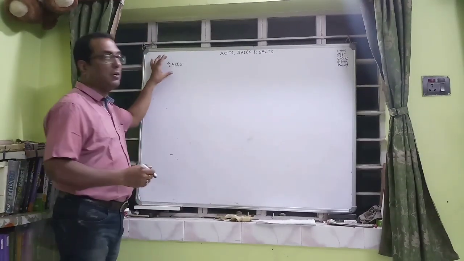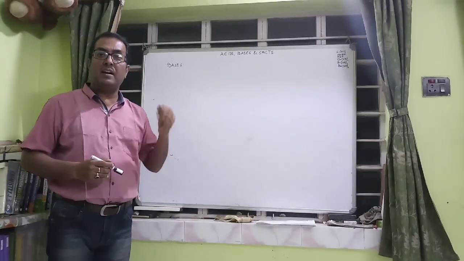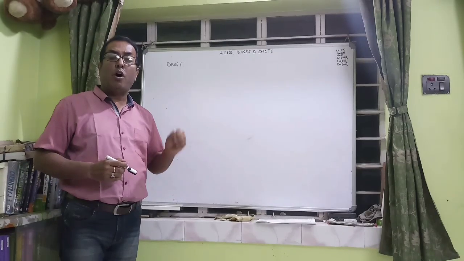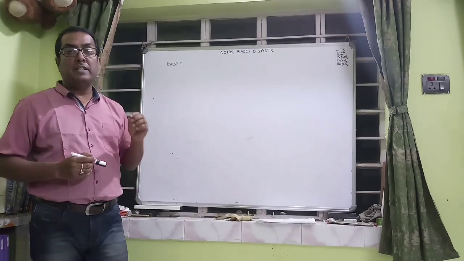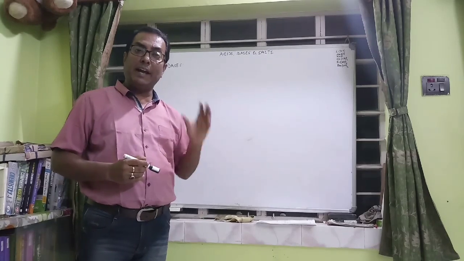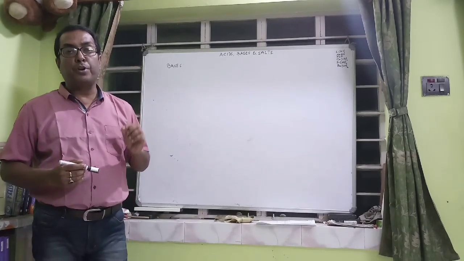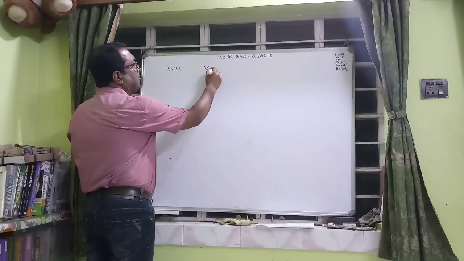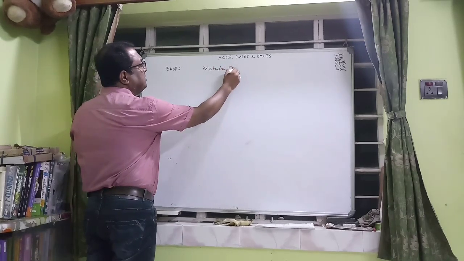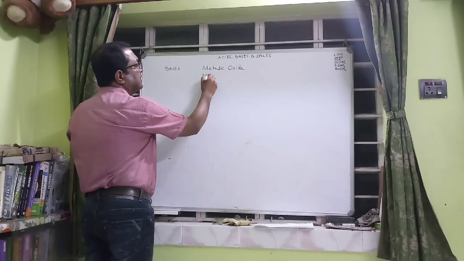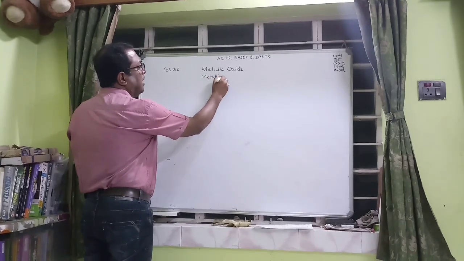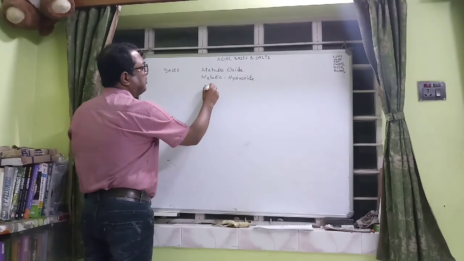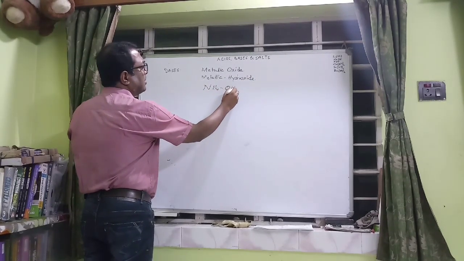So our topic is about bases, and bases are usually metallic oxides, metallic hydroxides or ammonium hydroxide that react with the hydronium part of the acid to produce salt and water. So what I told you is: metallic oxide, or metallic hydroxide, or ammonium hydroxide.